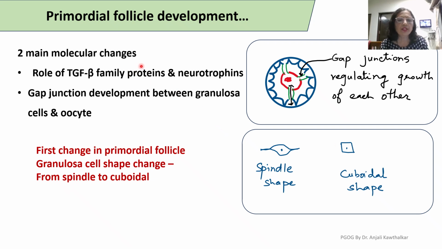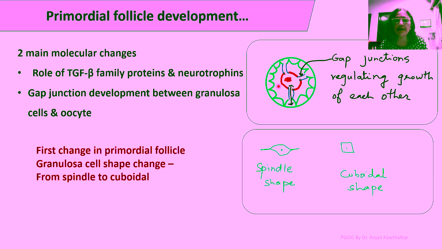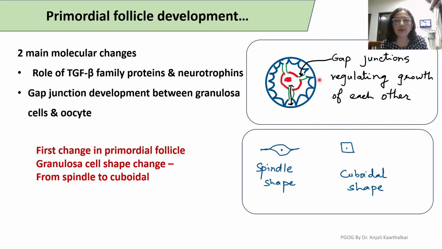Now, two main molecular changes are responsible for primordial follicle development. First, we have already seen the role of TGF beta family proteins and neurotrophins, and second, gap junctions develop between the granulosa cells and the oocyte itself. The granulosa cells are present at the periphery, and in the center there is the oocyte, and in between the granulosa cell and the oocyte, gap junctions develop with the development of certain proteins.